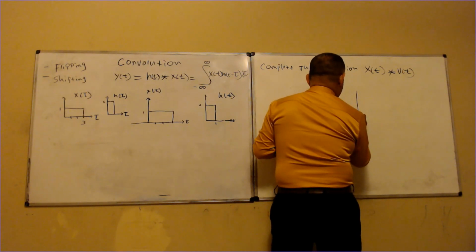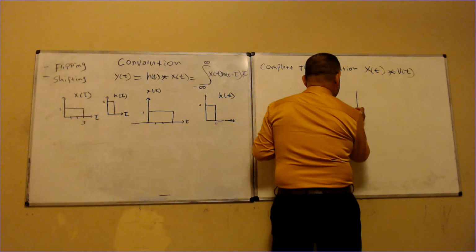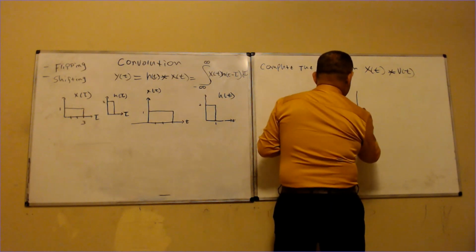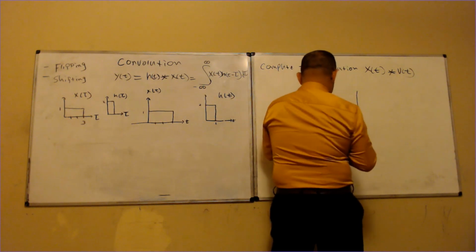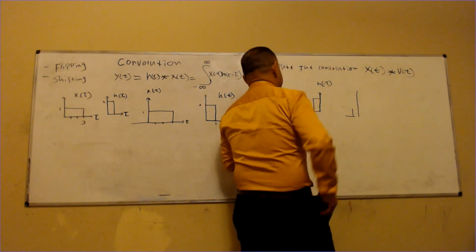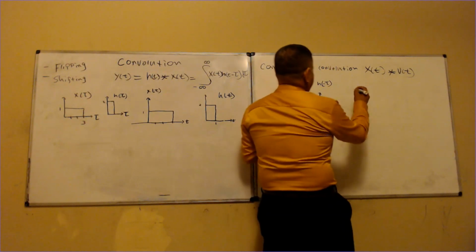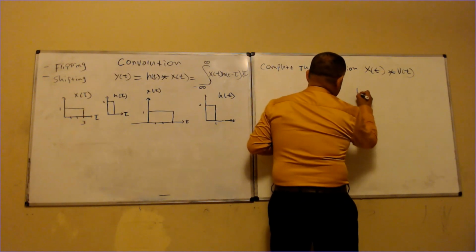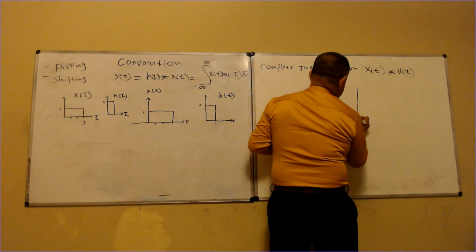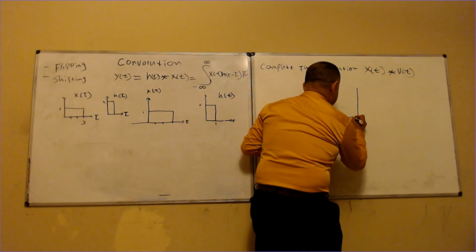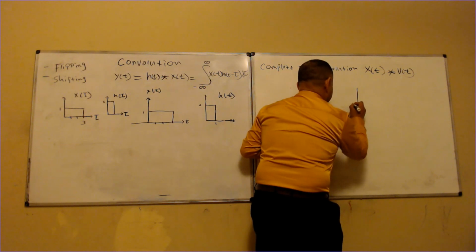So now this is going to be like this. Actually, let me do it right here. Right, so right here, you can see that I will have to have something like this, right?